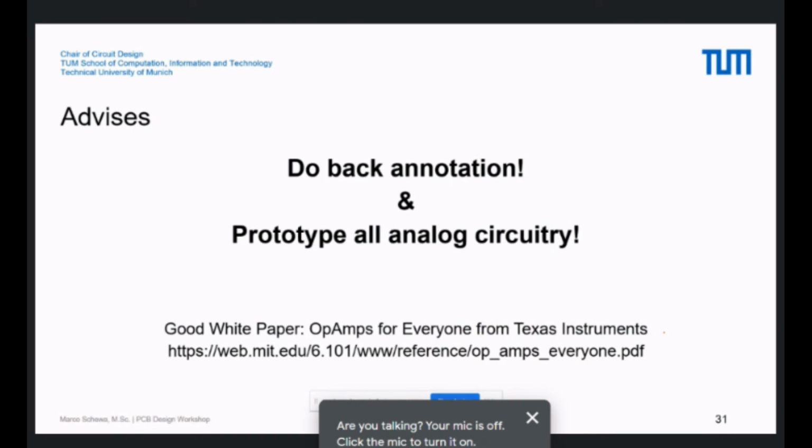And next week we will talk a little bit about clocking and how to avoid some clock problems with mismatch and layout design and so on.